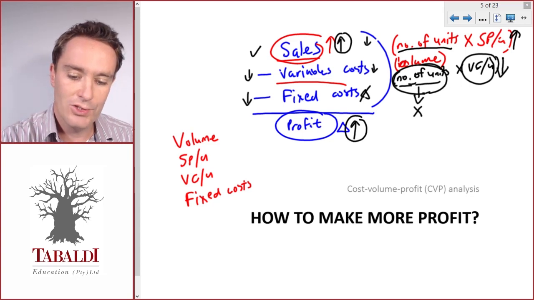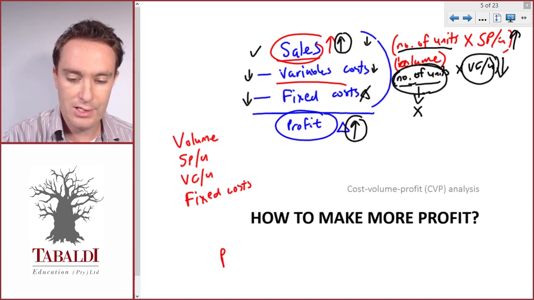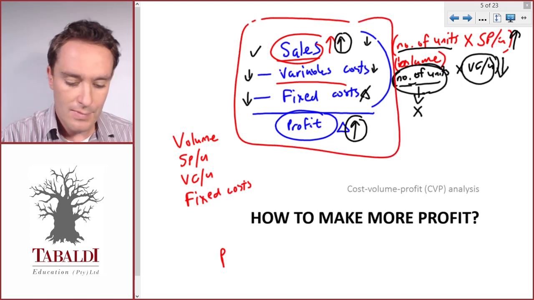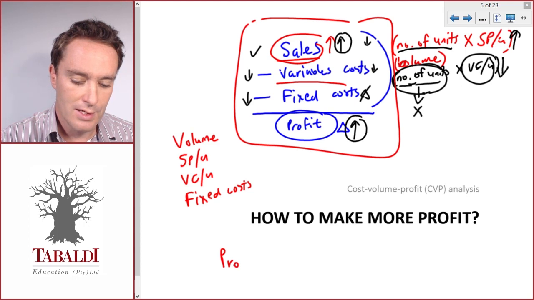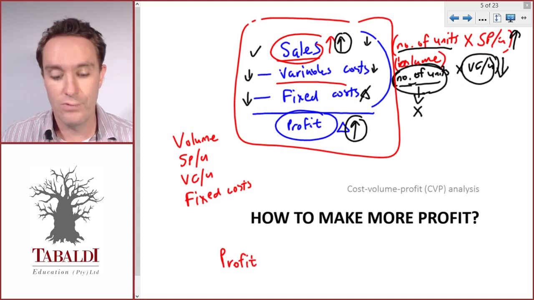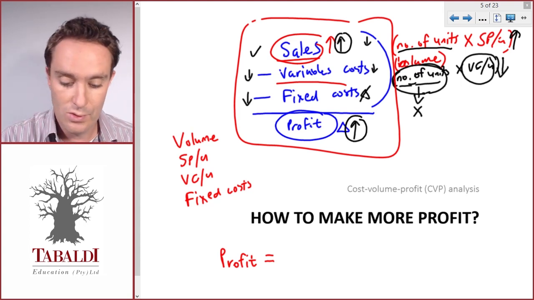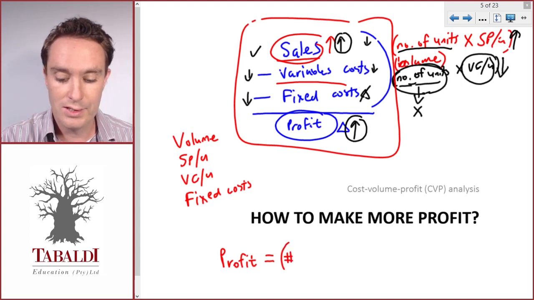And then another way to write out our profit calculation, here we have an income statement format. We can also write it algebraically in a formula here at the bottom. So profit equals our total sales, which we now know is the number of units times selling price per unit.